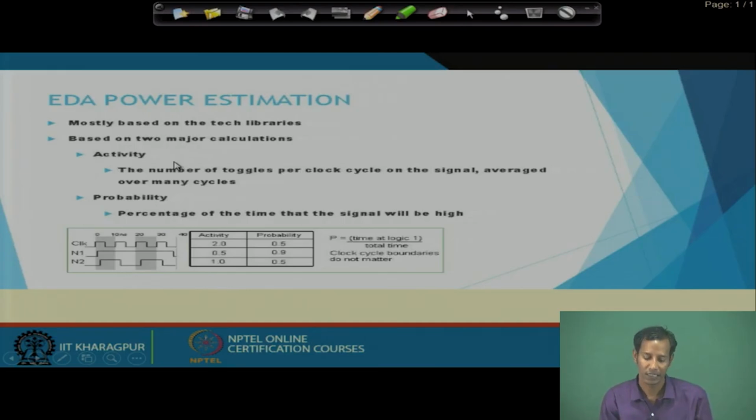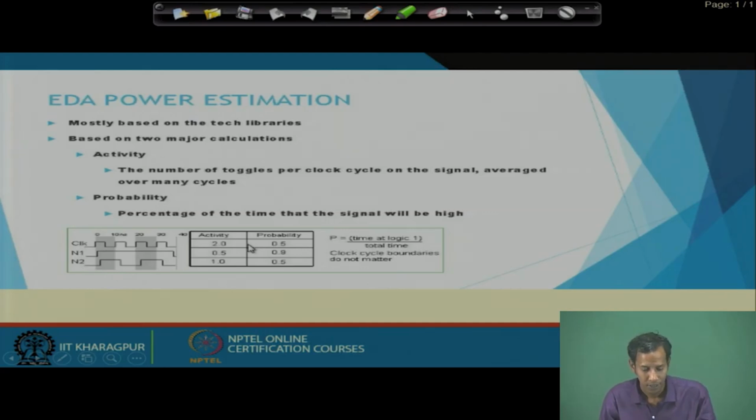of your total circuit. This is a rough estimation done beforehand, whereas the actual power consumption is what happens when you develop the IC and get it in physical form. Okay. Suppose here we have a clock signal of period, let us say, 10 nanoseconds, and we have two signals N1 and N2.